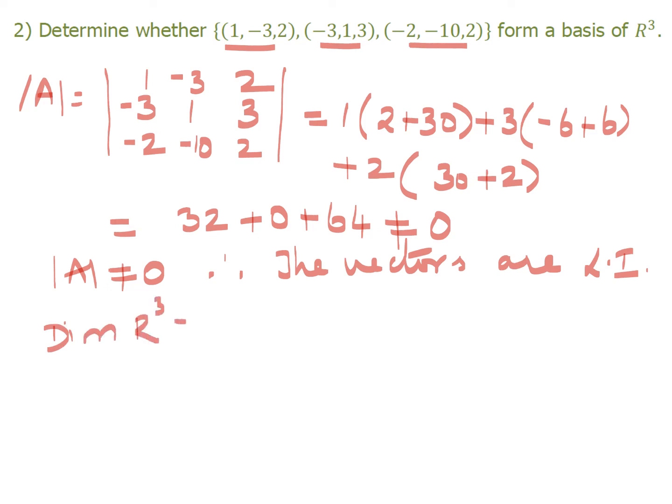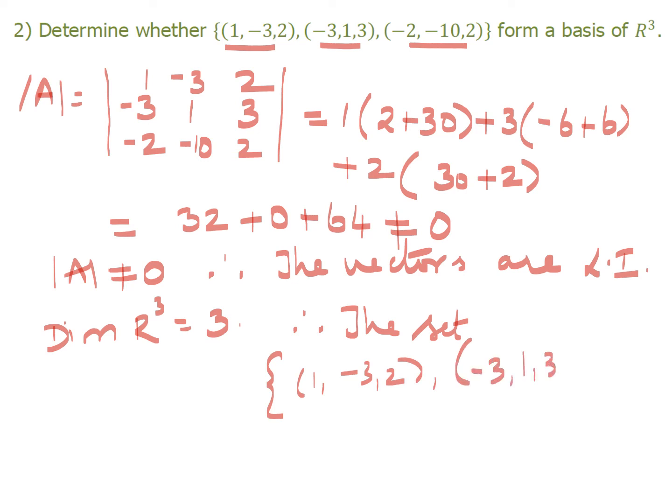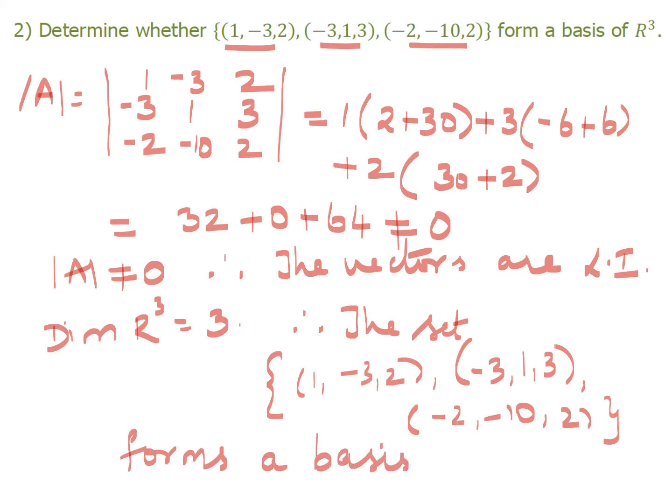Therefore, the set with vectors (2, minus 3, 1), (3, minus 2, minus 10, 2) forms a basis of R cube, the dimension of course is 3.